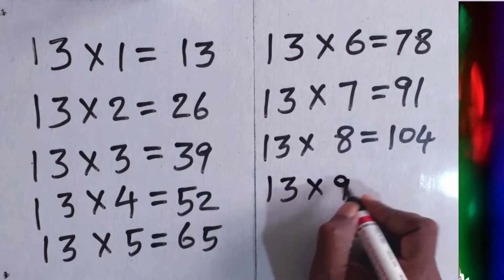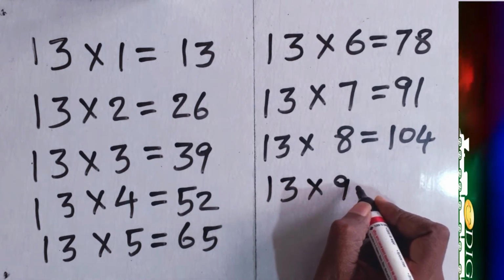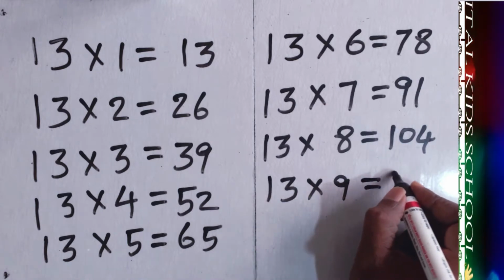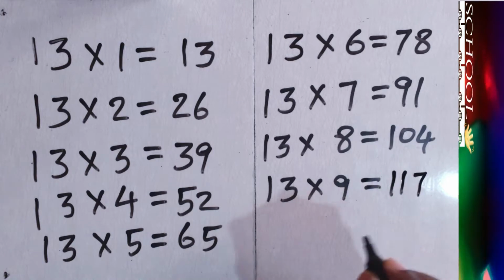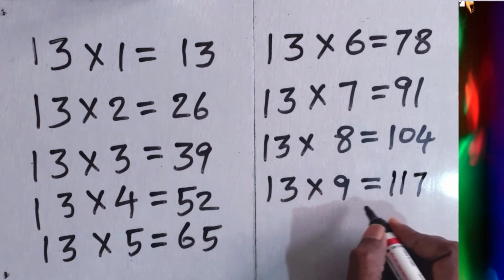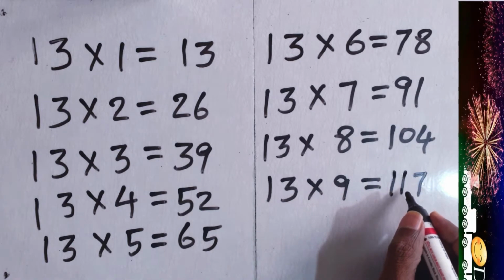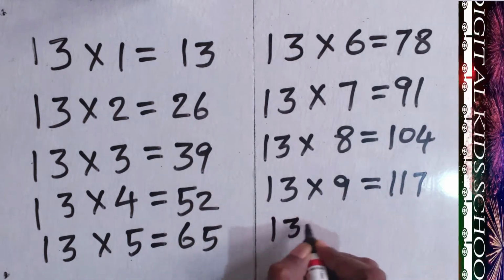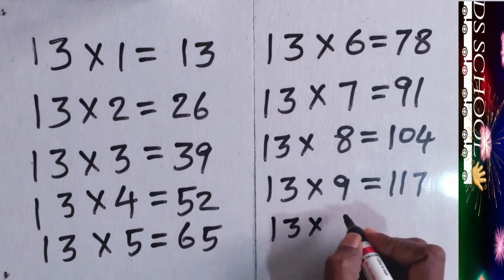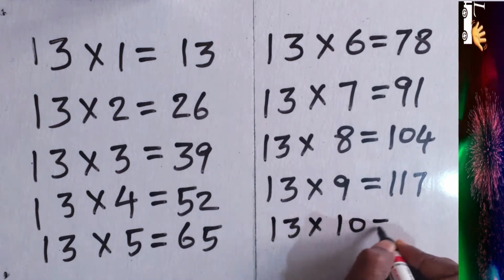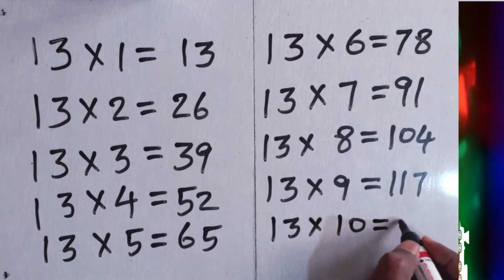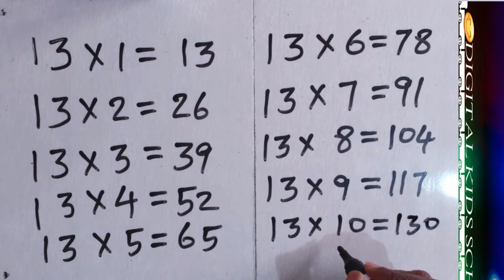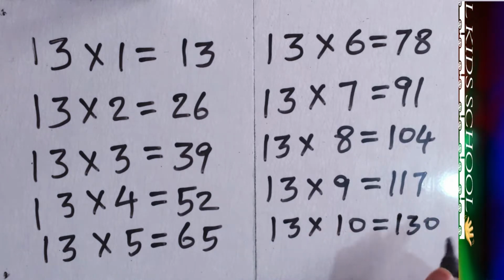13 9. 13 into 9 is equal to 117. 13 9 ja 117. 13 into 10 is equal to 130. 13 10 ja 130.